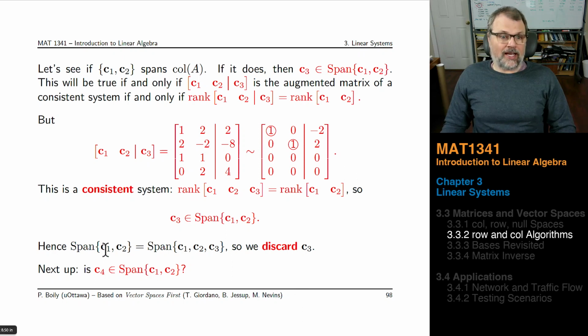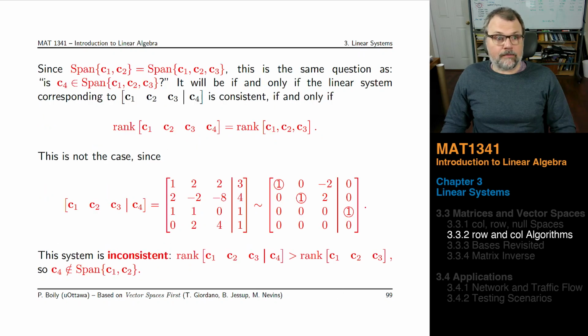The next question I ask is, is C4 in the span of C1, C2? That's my last possible column. Well, I know that the span of C1, C2 is the span of C1, C2, C3. So this question is the same as asking, is C4 in the span of C1, C2, C3?